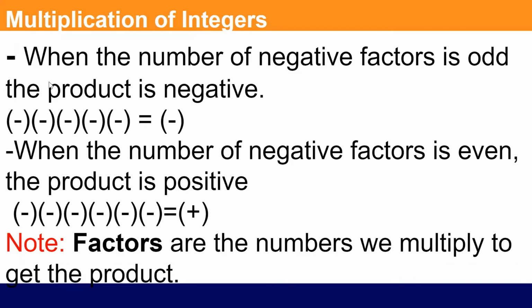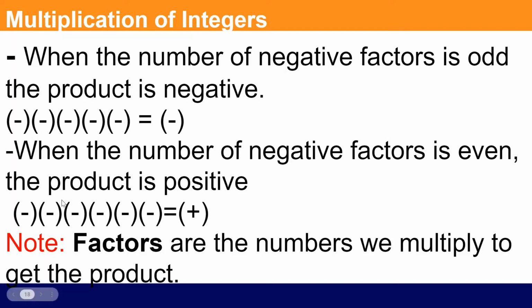Now, another rule for multiplication. When the number of negative factors is odd, the product is negative. So, ibig sabihin po, halimbawa, 5 negative ang ipagmumultiply natin. 5 negative numbers. So, ang answer po doon ay negative. When the number of negative factors is even, the product is positive.